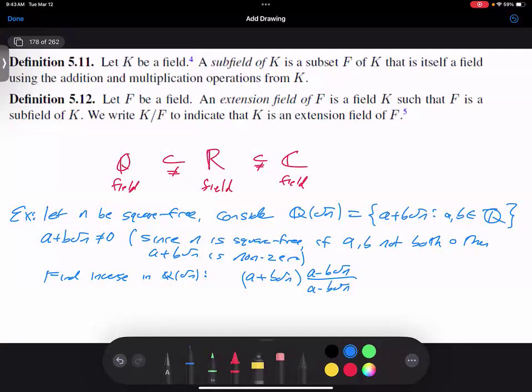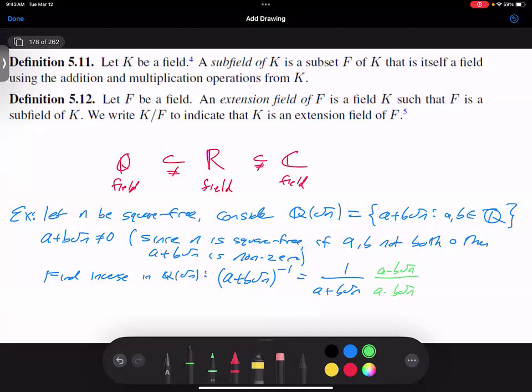So I'm trying to find an inverse for this. Can you write me a real number for the inverse of a plus b root n? Well, I know its inverse is the real number 1 over a plus b root n. And now I multiply that by a minus b root n over a minus b root n.